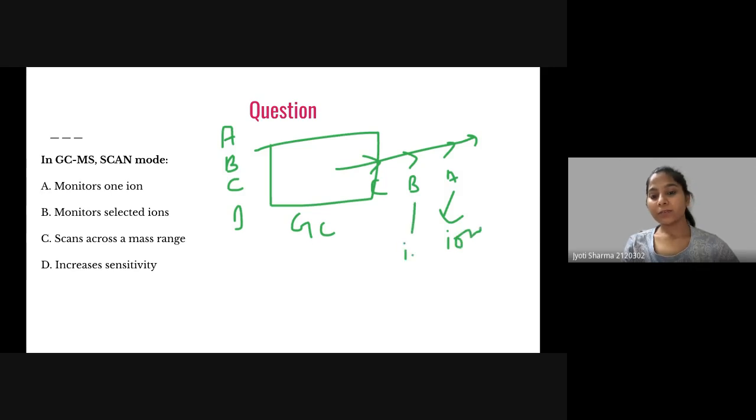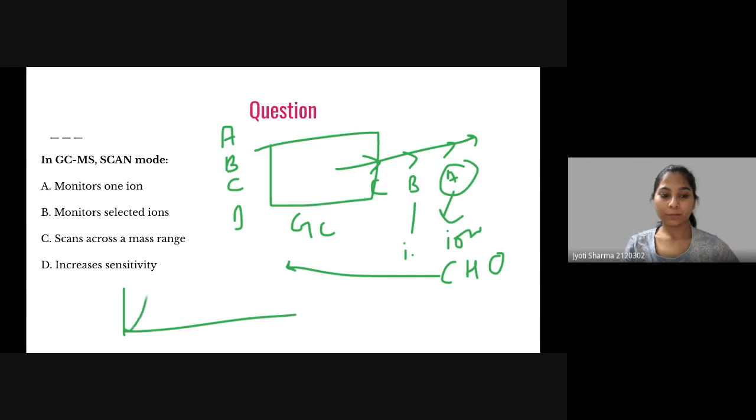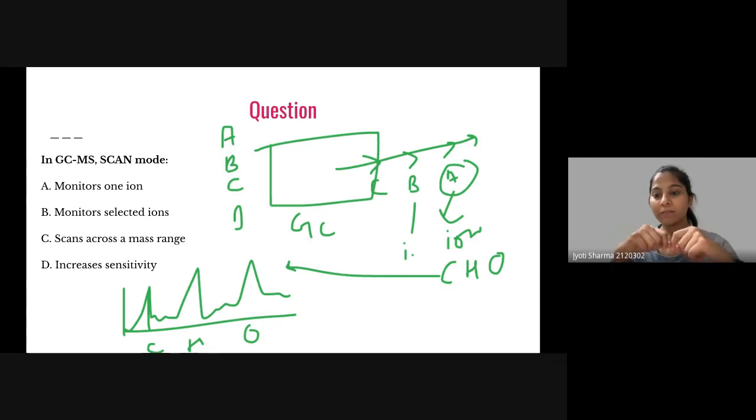And for example, if it is glucose, then there will be C, H, or let's say O. So for this A, there will be a graph like this one. It may be that this is for C, or this may be for H, or this may be for, let's say, O. And likewise, we will have for the B. And so we will have a very long graph for each compound.